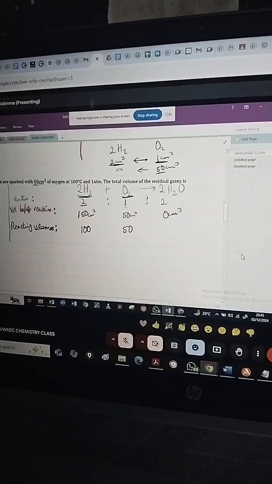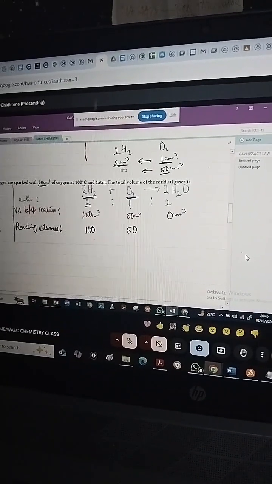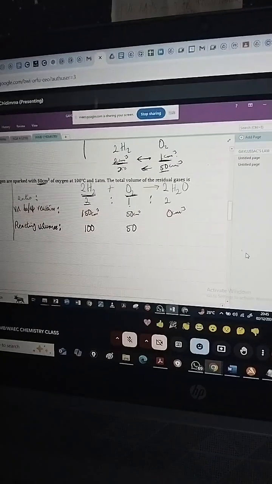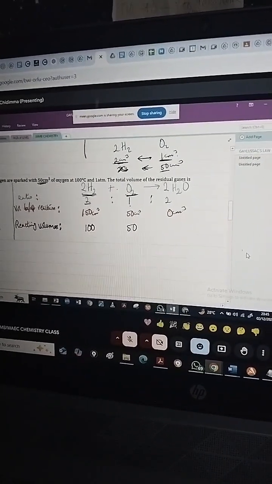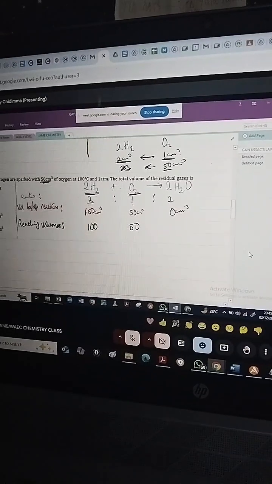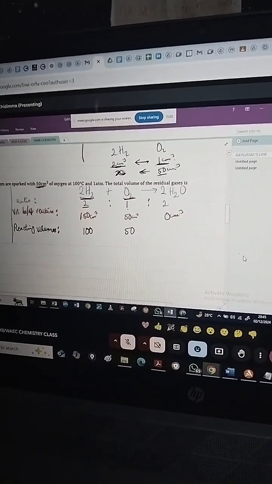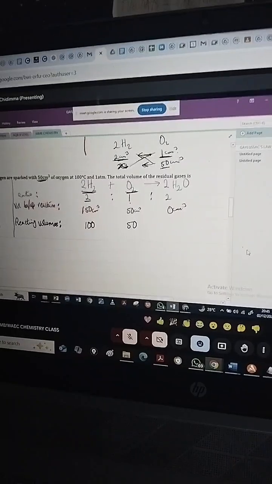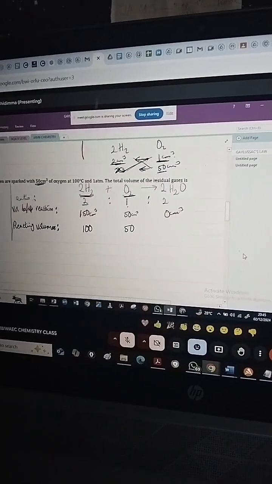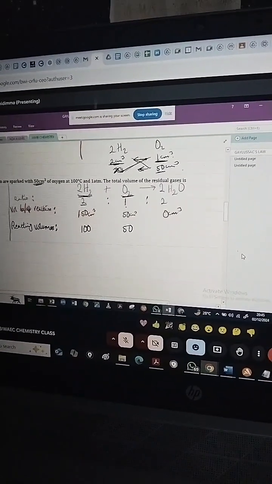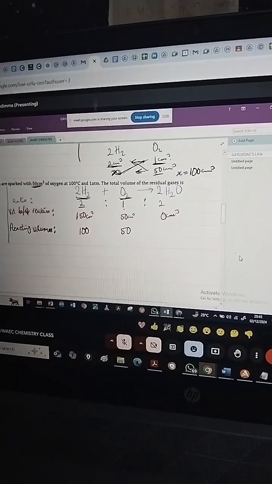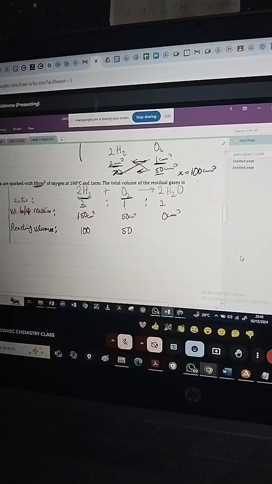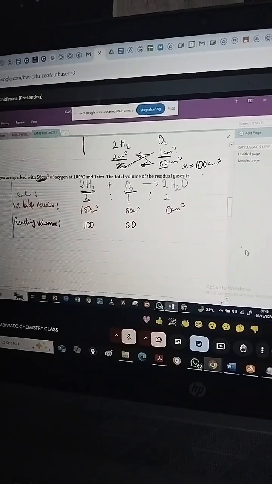So 50 cm³ of oxygen, which is what we are given, will require how many cm³ of hydrogen? X cm³ of hydrogen. Are you with me? Yes, ma'am. So if we cross multiply, we will discover that the volume of hydrogen required is just 100 cm³, not 150. Are you following? Yes, ma'am.